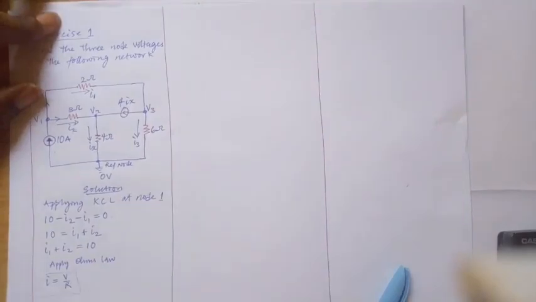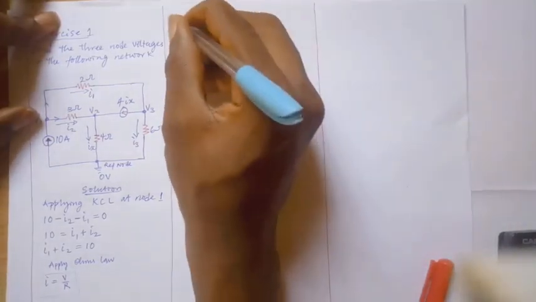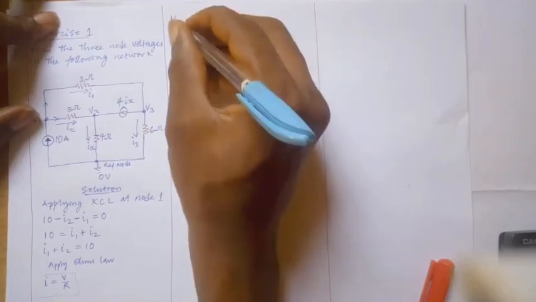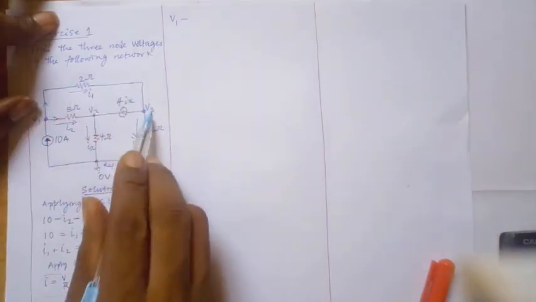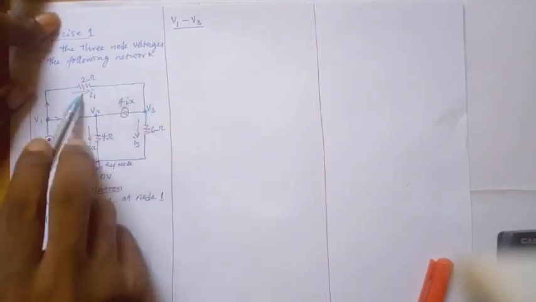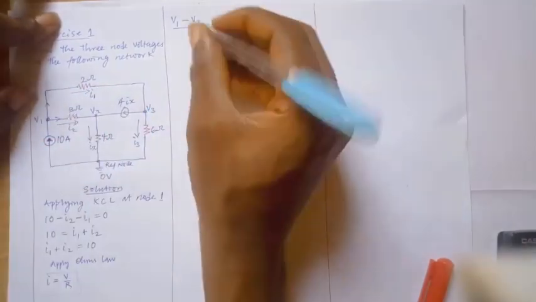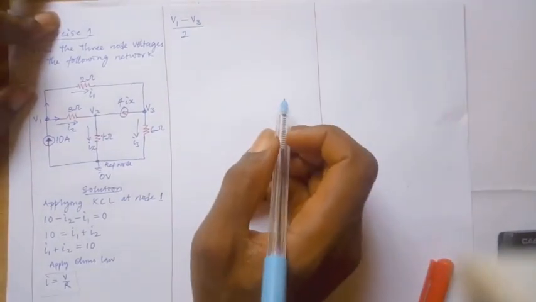Since we said I equal to V over R, we will now say V1 minus V3 over the resistor between the nodes. The resistor here is 2 ohms, that is divided by 2. It doesn't matter if you put the ohms, just write it like this, over 2.